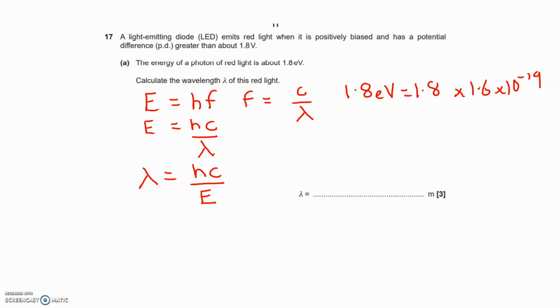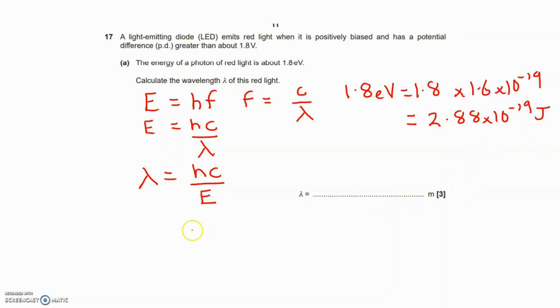So 1 electron volt is worth 1.6 times 10 to the minus 19 joules, and we've got 1.8 electron volts, so that will be equal to 2.88 times 10 to the minus 19 joules.